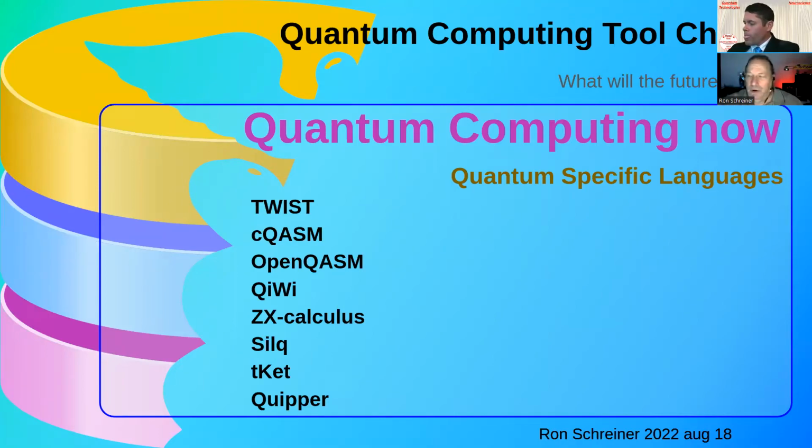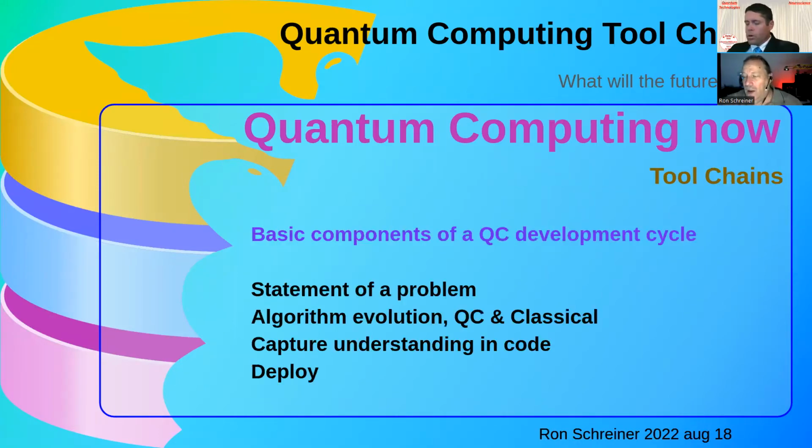Going on from here, one thing we have to look at, we do have quantum computing tool chains out there. So we take a basic look at what goes on inside of a tool chain, and specifically a quantum computing tool chain. What are the basic components of the QC development cycle?